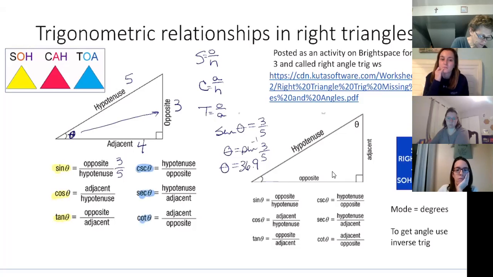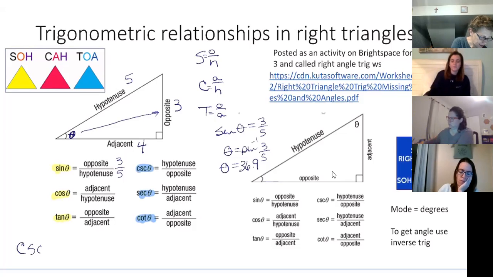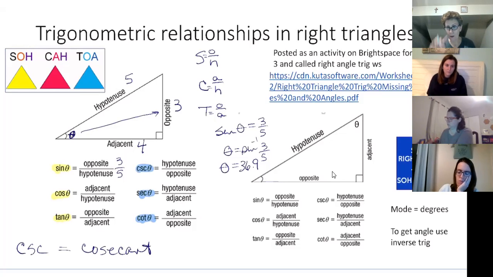So if you take the sine fraction and you flip it over, you get cosecant. So CSC is cosecant, and cosecant is the reciprocal, or the flipped upside down relationship, of sine.